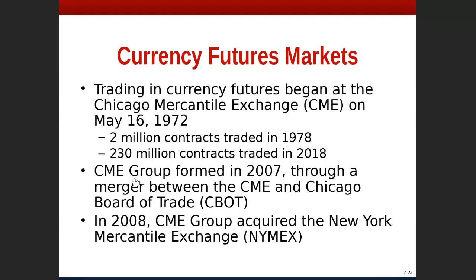The Chicago Mercantile Exchange Group formed in 2007 through a merger between the Chicago Mercantile Exchange and the Chicago Board of Trade. In 2008, the group acquired the New York Mercantile Exchange to form the biggest futures market in the world.